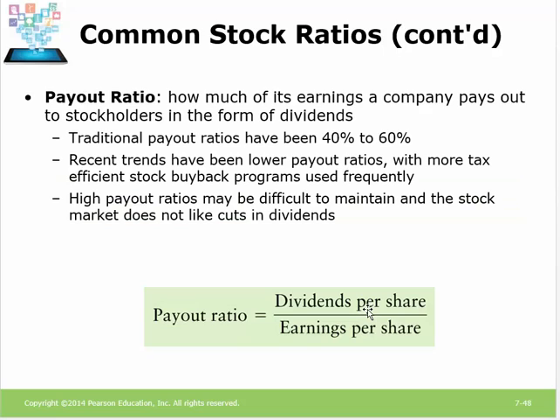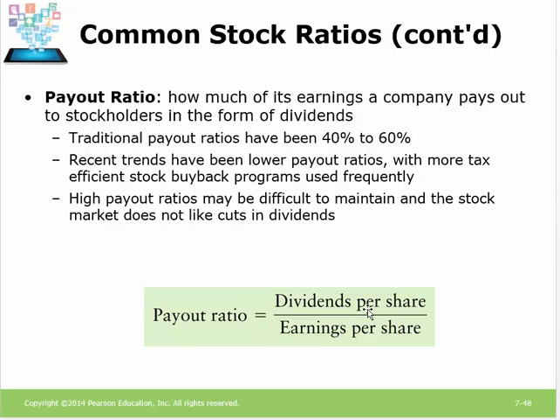If you think about the actual company and how much they pay out, we would like to have a relative number. So if you take dividends per share, the amount that was paid out, and divide that by earnings per share, which is the amount that could be paid out, this just gives you a proportion.